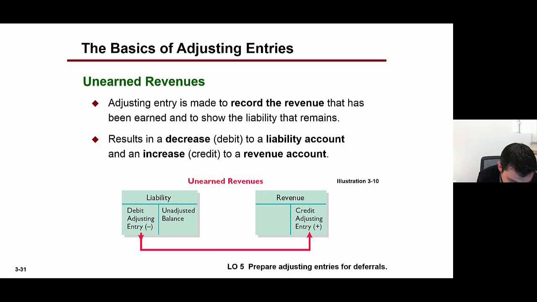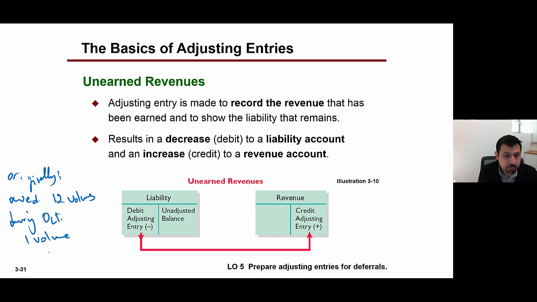So originally, they owed 12 volumes. During October, they delivered one volume. So now the company earned one volume. And how much do they still owe? Now they owe 11 volumes.